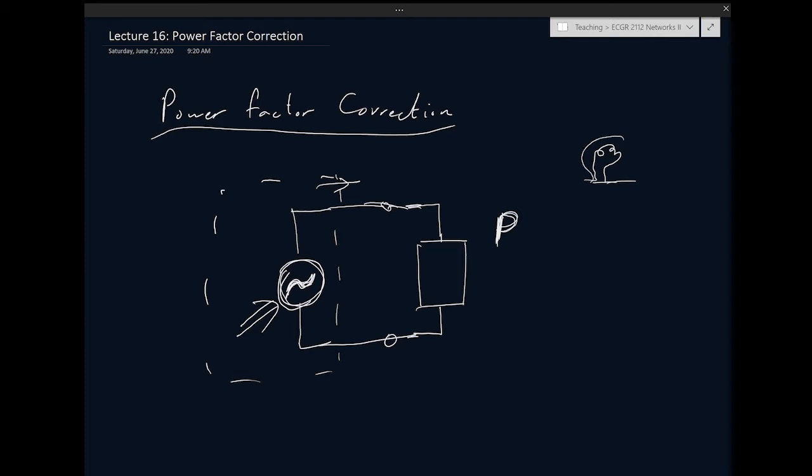They don't tell you on the nameplate, oh, this is a 50 amp bulb or a 1 amp bulb or a half an amp bulb, right? They could say that, but it's more useful for them to describe the bulb in terms of the power that it draws. So they say it's a 120 watt bulb or a 60 watt bulb, because that's ultimately what a load is. It's an element that derives power from the grid, right?